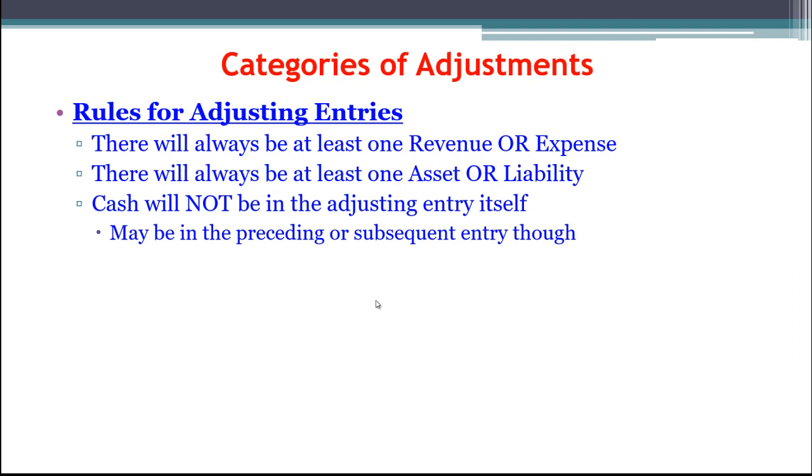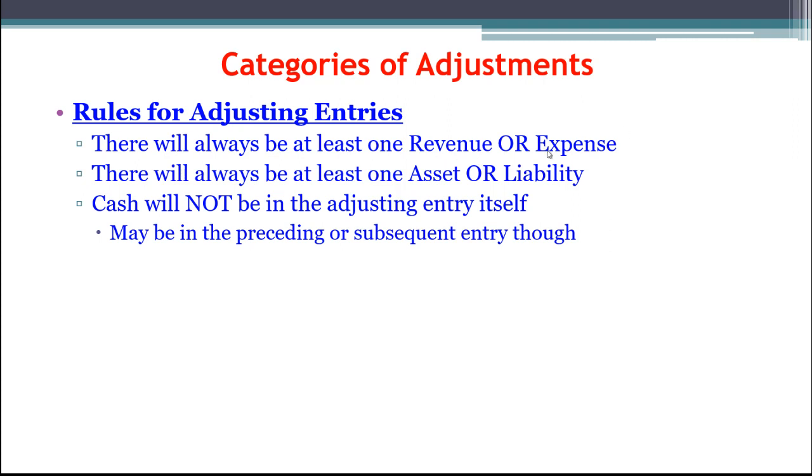Now, what this basically means, if you take a look at this quickly, is we have four different things that have to happen and four different types of journal entries. You're going to have a revenue asset journal entry. You're going to have a revenue liability journal entry. You're going to have an expense asset journal entry and an expense liability journal entry. Those are the four types of adjusting entries, and we'll talk about examples.